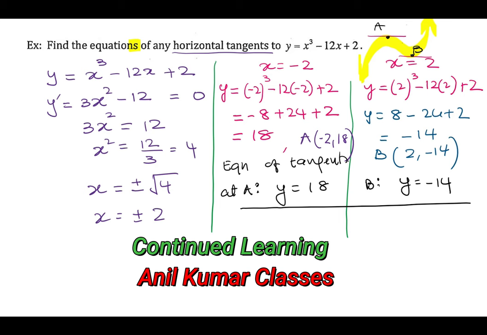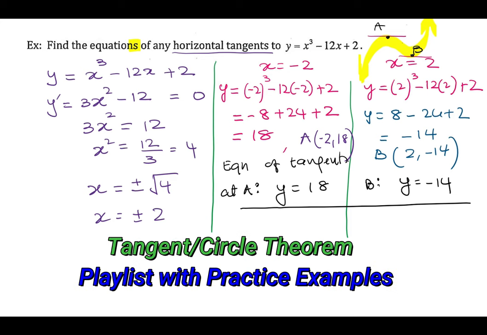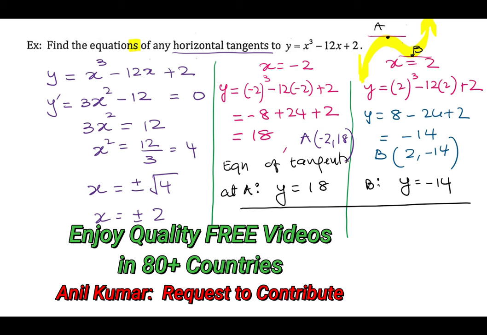So we found the equation of horizontal tangent lines for the given cubic equation, as you have seen here. So I hope it all makes sense, right? So with this, you'll learn the techniques to find the gradient or the slope at any point on the curve.